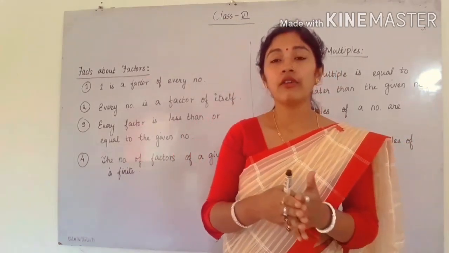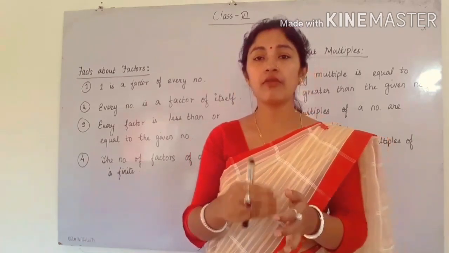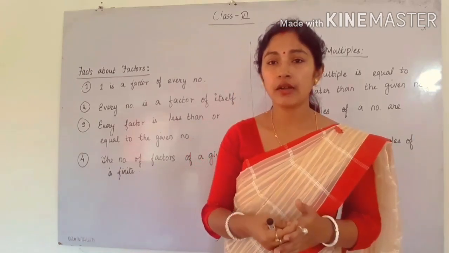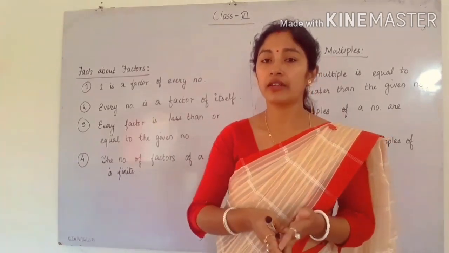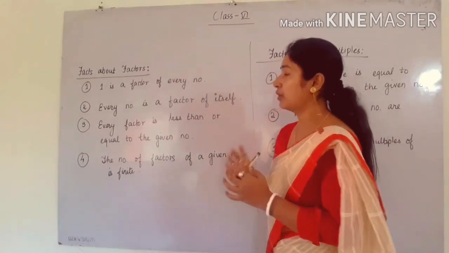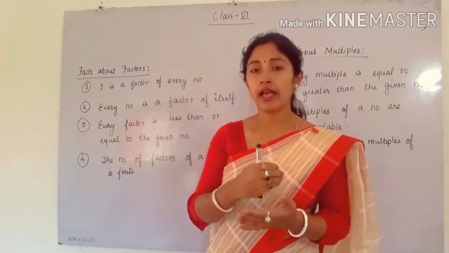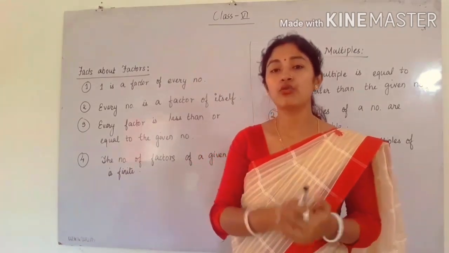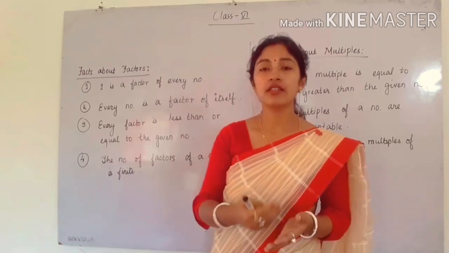Whenever we find the prime factorization, or simply whenever we factorize a number, factors are formed. In case of factors, the first point is that 1 is a factor of every number. So every number has 1 as a common factor. That means 2 has a factor 1, 3 has a factor 1, 4 has a factor 1.